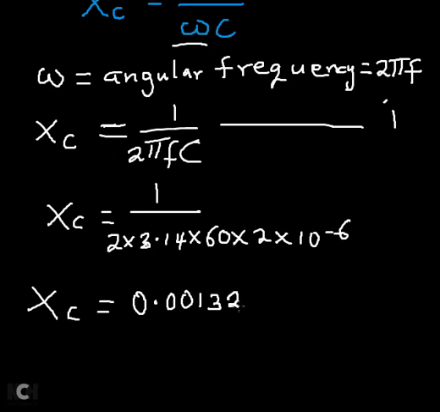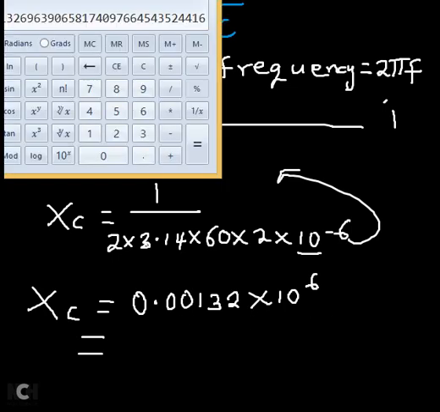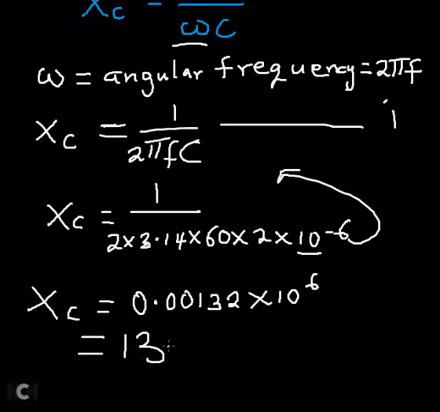Then of course times 10. If I take the 10 raised to the power minus 6 to the numerator, it becomes 10 raised to the power 6, which is 1 million. So I multiply this by 1 million, and the capacitive reactance is going to be approximately 1327, and of course it's measured in ohms because it's an opposition.